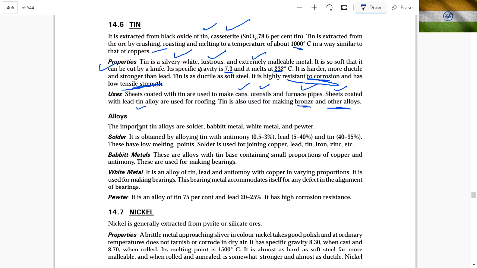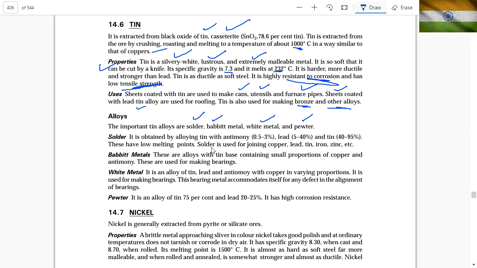Now we look at the alloys of tin, that is solder, babbitt metal, white metal and pewter. Solder is obtained by alloying tin with antimony, lead and tin. These have a low melting point. Solder is used for joining copper, lead, tin, iron. So we use it in soldering, right?